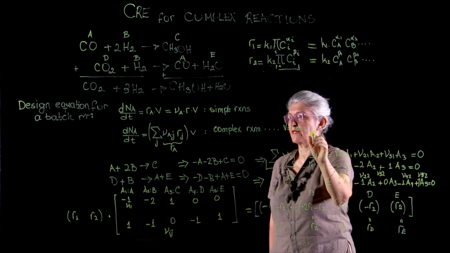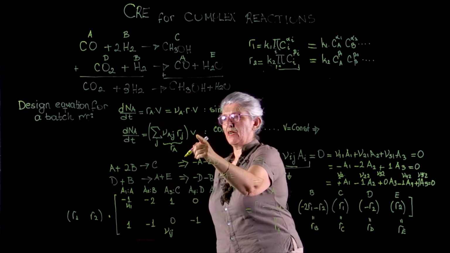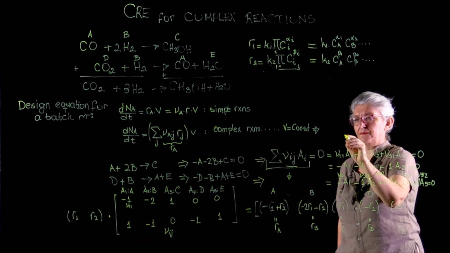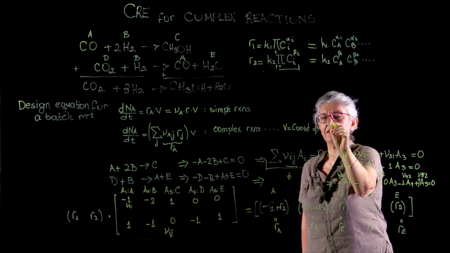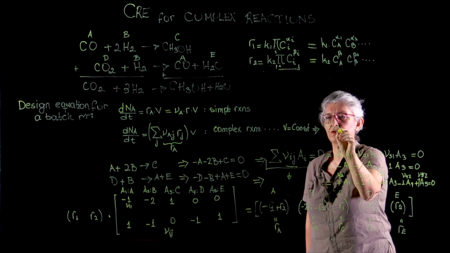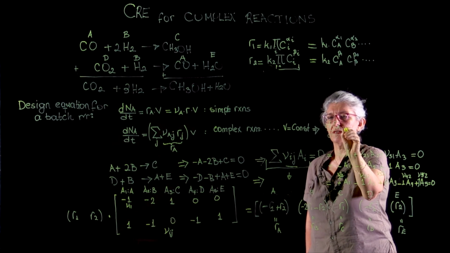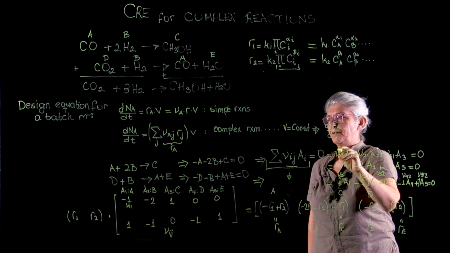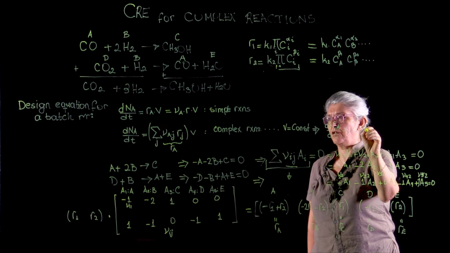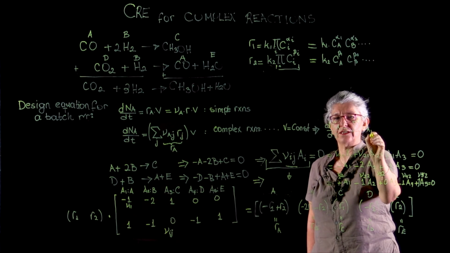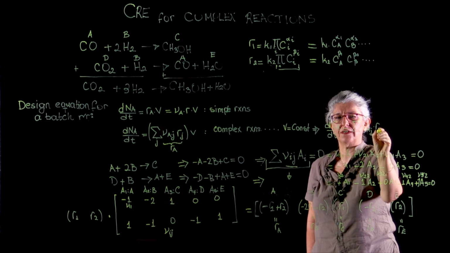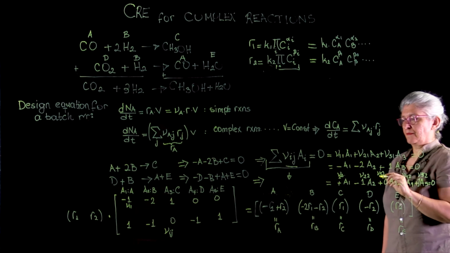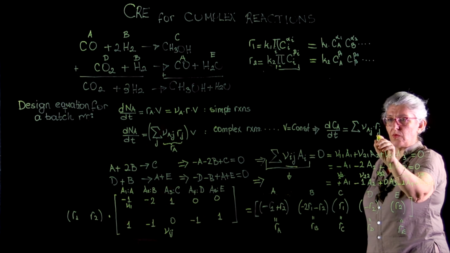Remember, when the volume was constant, we were able to bring it into the derivative to write dCA over dt equal to the summation of nu A J times R J. So this was our row vector.